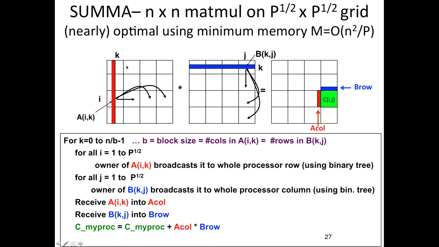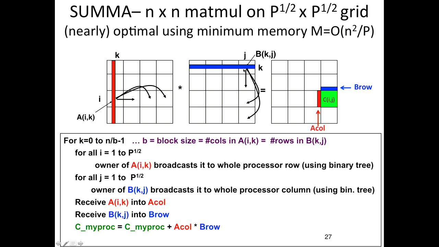And then what does the algorithm do? It's very straightforward. It does basically an outer product version. At each step, the algorithm will take this red block of a column of A and broadcast it to all the processors in that process row. That's what those arrows mean. After this one communication, all these processors will get a copy of that submatrix.